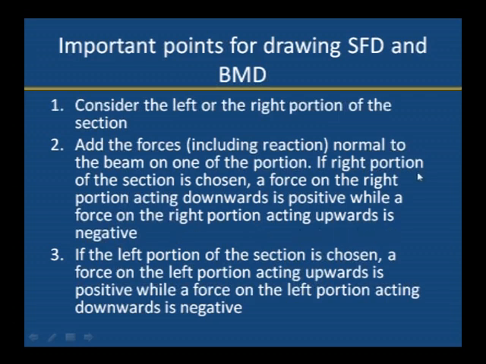That is, if we consider the right portion, then downward we consider as positive and upward as negative. If the left portion is considered, then a force on the left portion acting upward is positive, while a force on the left portion acting downward is negative. We have to take the reverse case when we consider the left portion. The sign should be considered reverse.